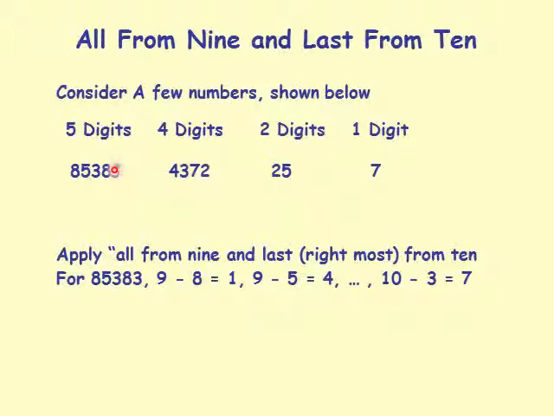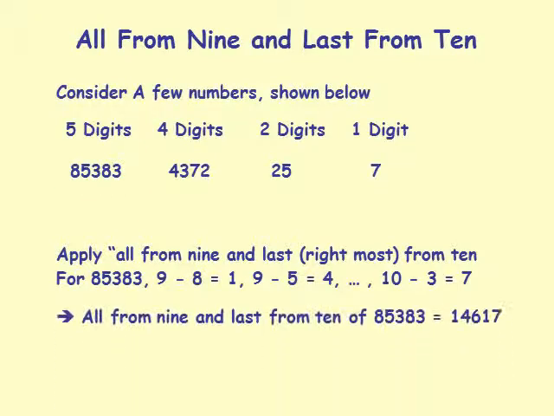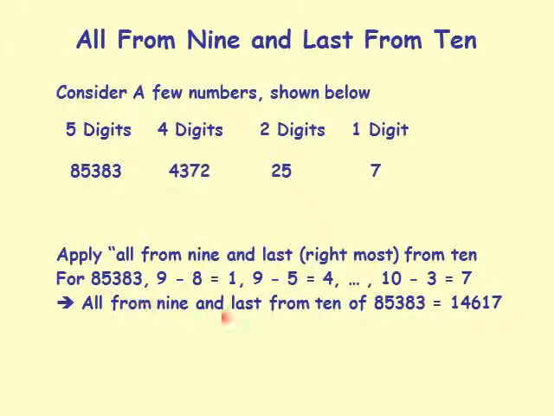Last is from 10. 3 from 10 is 7. So 9 minus 8 is 1, 9 minus 5 is 4, and so on, and the last one is 10 minus 3 equals 7. So when I apply all from 9 and last from 10 to 8, 5, 3, 8, 3, I get 1, 4, 6, 1, and 7.